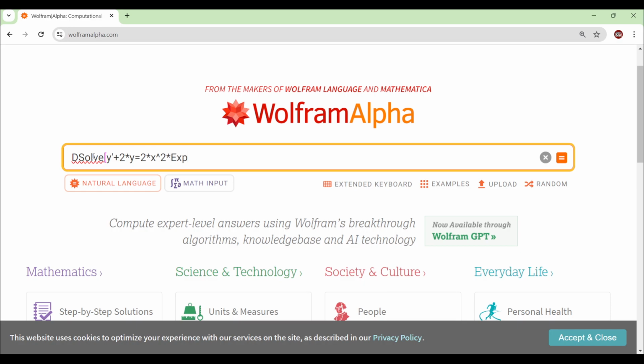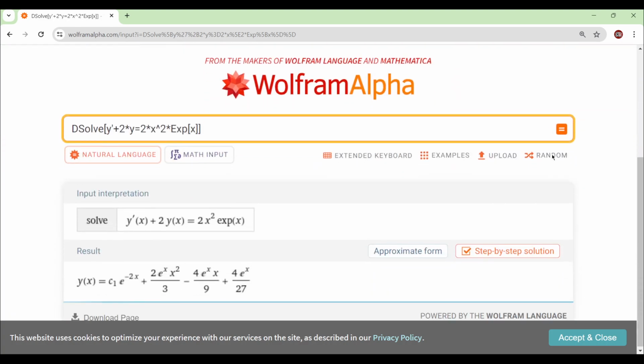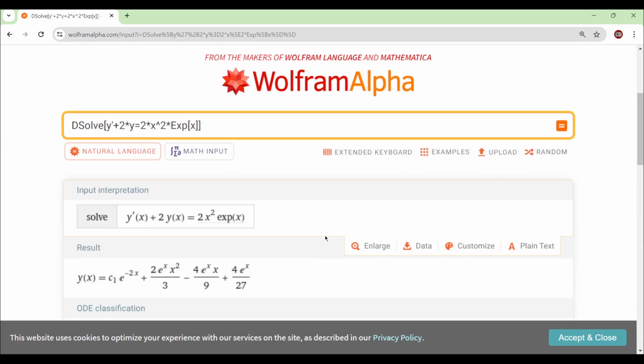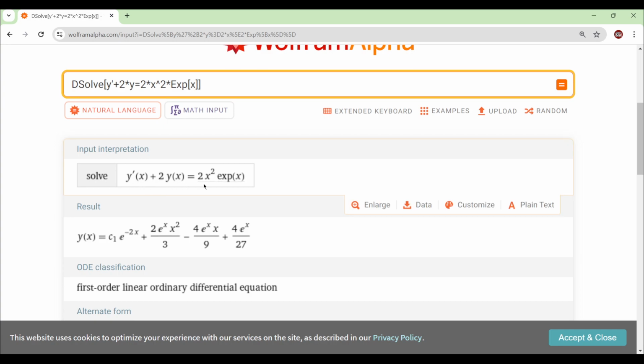Let me just type it like that. Exponential of x. Yes. Will it understand that it's not 2 to the power of? No, it will understand. Yes. Hopefully. We shouldn't be worried about that part, because first of all it writes its own interpretation and then solves it. Yes, that is the differential equation in the correct form, 2x squared times exponential of x, and that is the answer that this will give us.